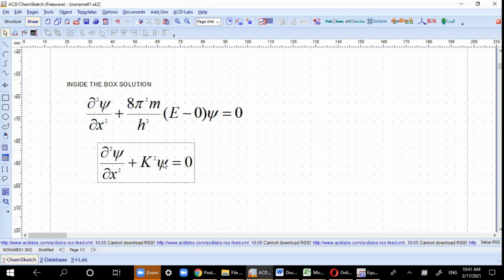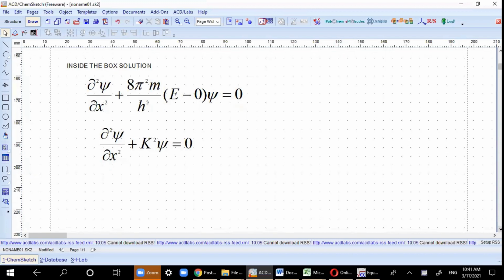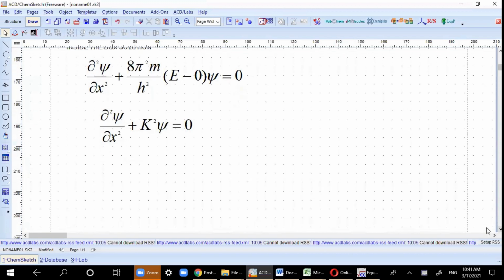Now, this term k is the principal quantum number. We are only introducing k here, but let me explain, after that we will know what this k is. Dou square psi by dou x square plus k square into psi equal to 0. Now, k square is equal to what?